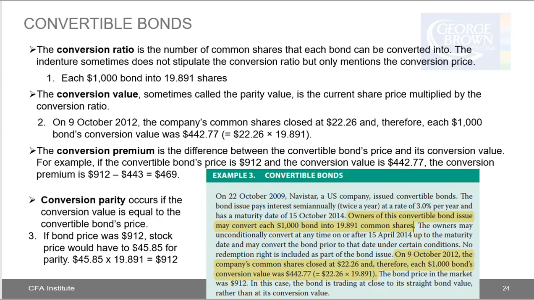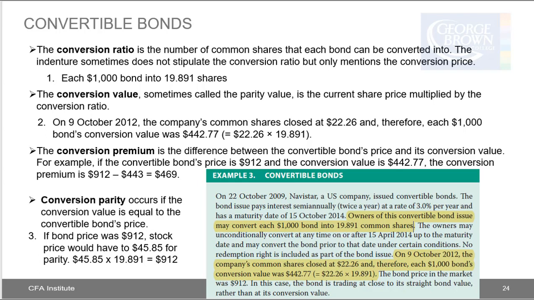But in this case, when we look at this Navistar convertible bond, I've highlighted it says owners of the convertible bond issue may convert each $1,000 bond into 19.891 common shares. So that's the conversion ratio. The conversion value, sometimes called the parity value, is the current share price multiplied by the conversion ratio.